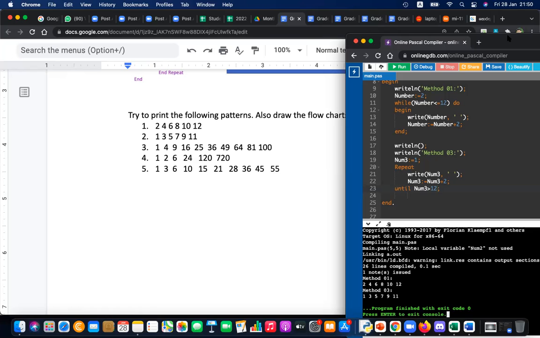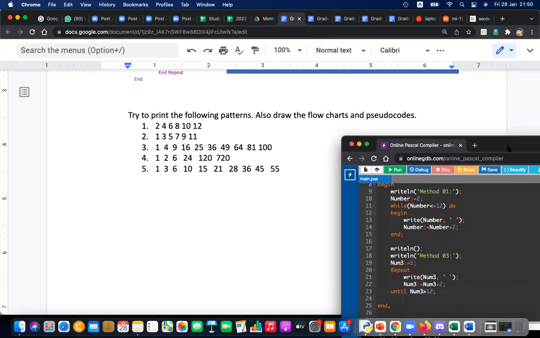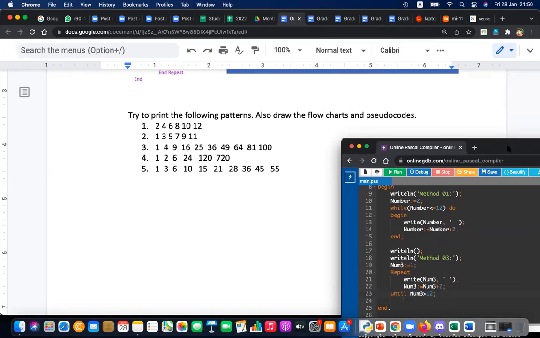Please try the question quickly. This is the full question. Try to print the following patterns. Also draw the flow charts and pseudocodes. The patterns are given. Please write down them. And also write the example, and you can take a screenshot of the code maybe.